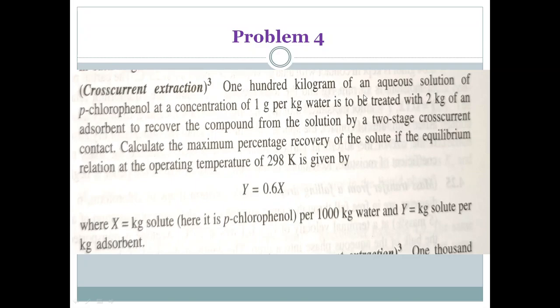100 kilogram of an aqueous solution of p-chlorophenol at a concentration 1 gram per kg of water is to be treated with 2 kg of an absorbent to recover the compound from the solution by a two-stage cross-current contact. Okay.